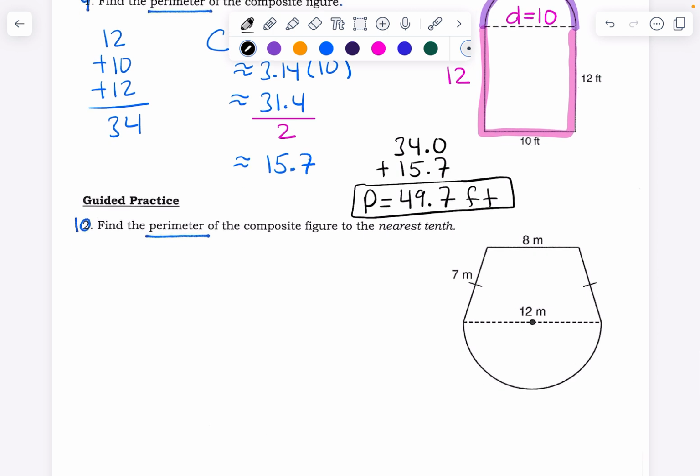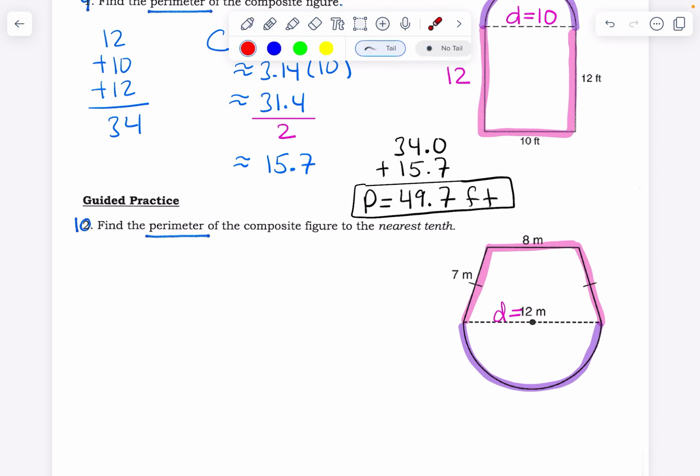Okay, number 10. Let me help you see this. What's the perimeter? I have these three sides, and I also have this half of a circle again. So let's understand something here. This measurement is the diameter of the circle, so that diameter would be 12.